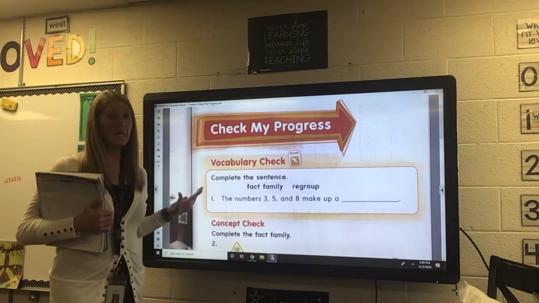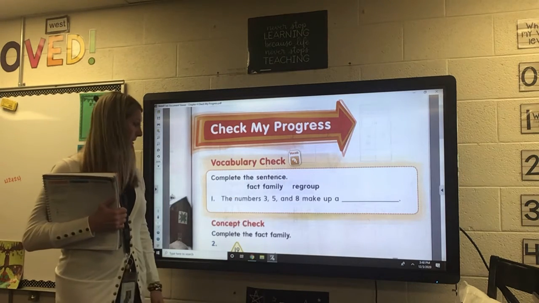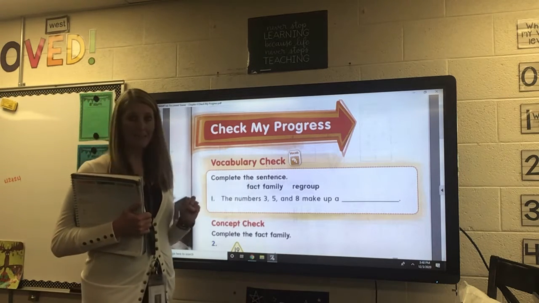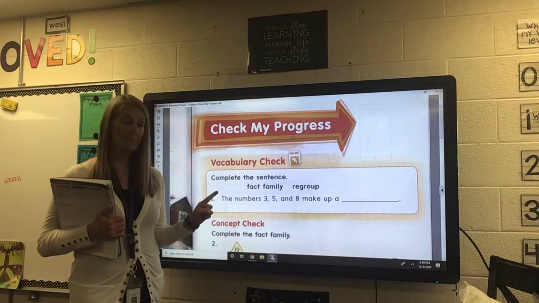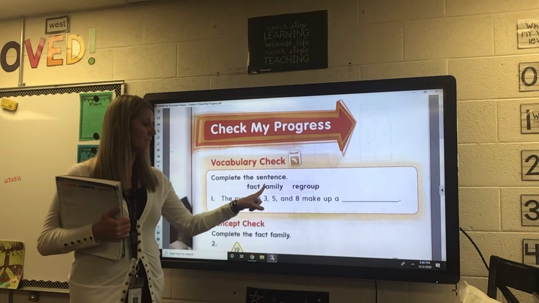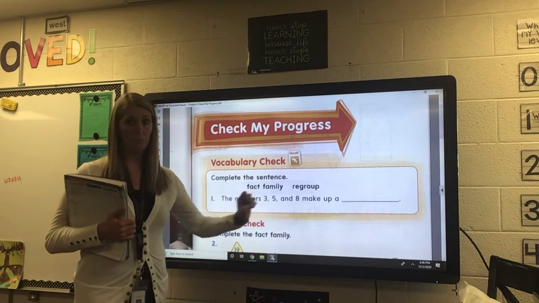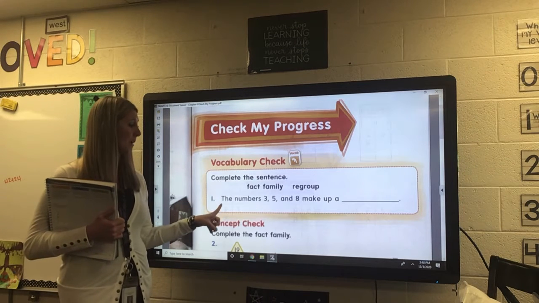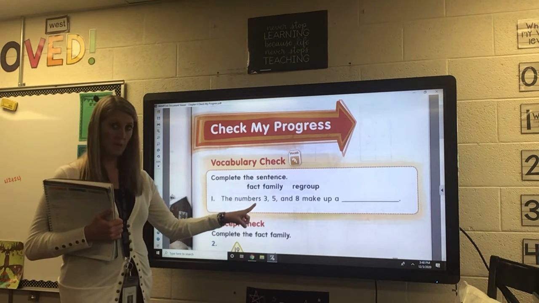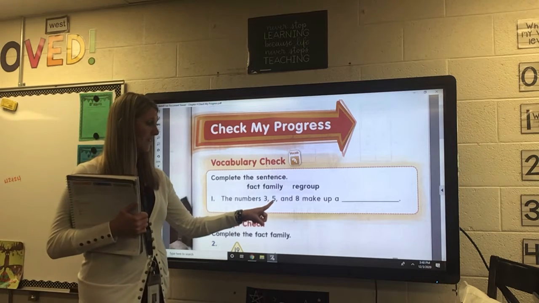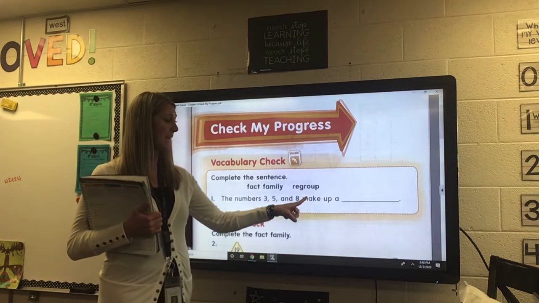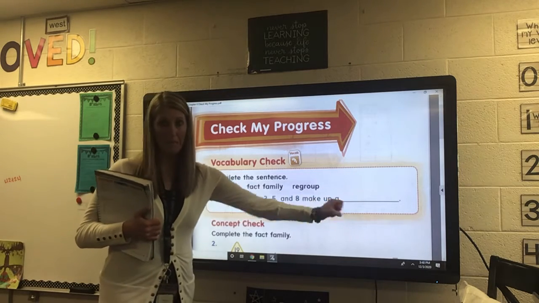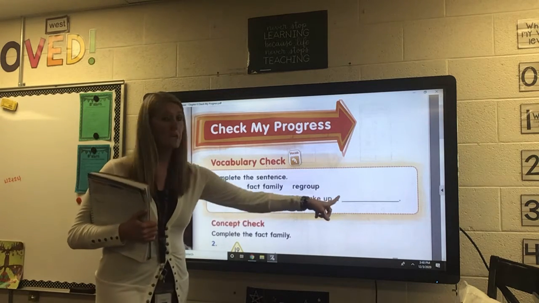So on number 1, I'm doing a vocabulary check. You need to complete this sentence, and you're going to choose one of these. Your choices are fact family or regroup. This sentence says the numbers 3, 5, and 8 make up a, is it fact family or regroup?